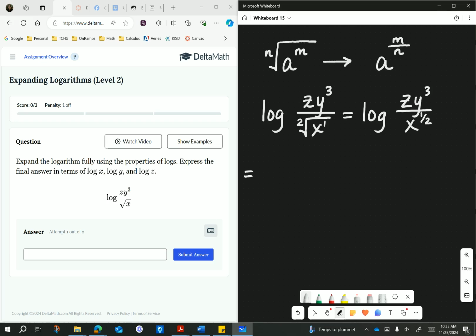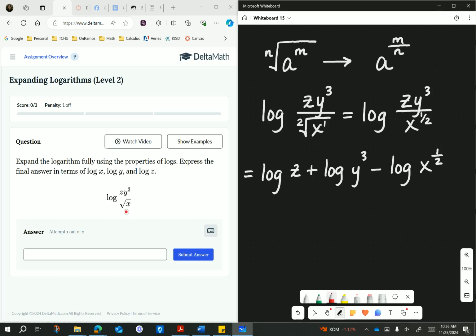So when it comes to typing it out, the log expanded will be log z plus, because it's multiplying by the y cubed, log y cubed. Then it's going to have to subtract by the log x to the 1/2.